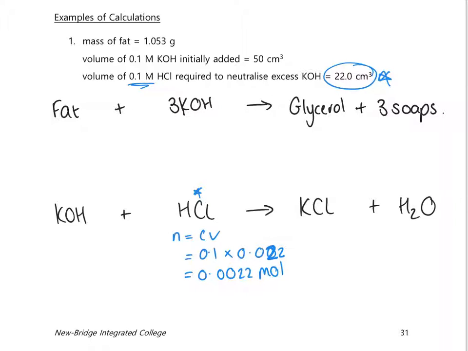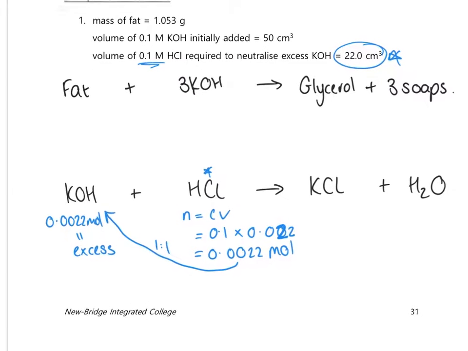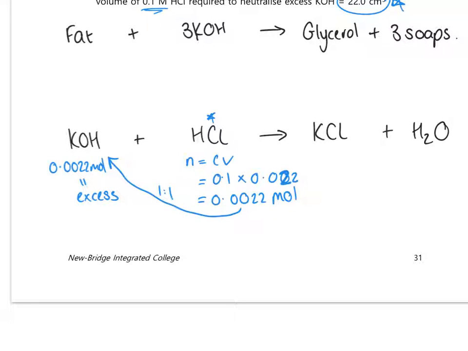How do I work out how much excess KOH there was? The ratio is 1-to-1, so 0.0022 moles, and that is the excess. First of all I need to work out the initial moles of potassium hydroxide that I added, using my equation n equals CV.